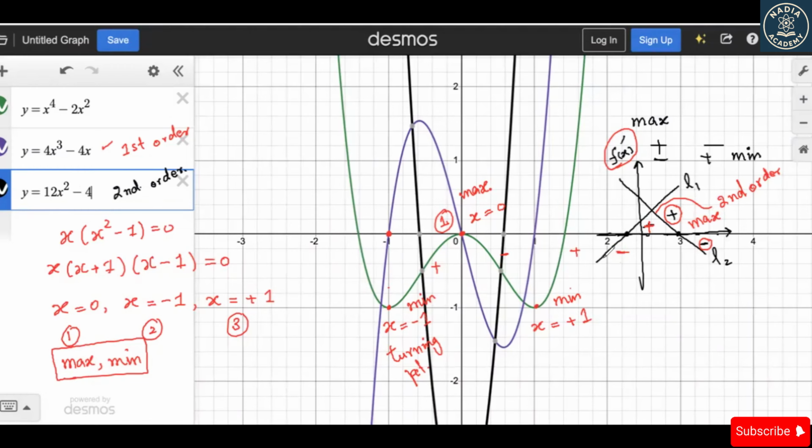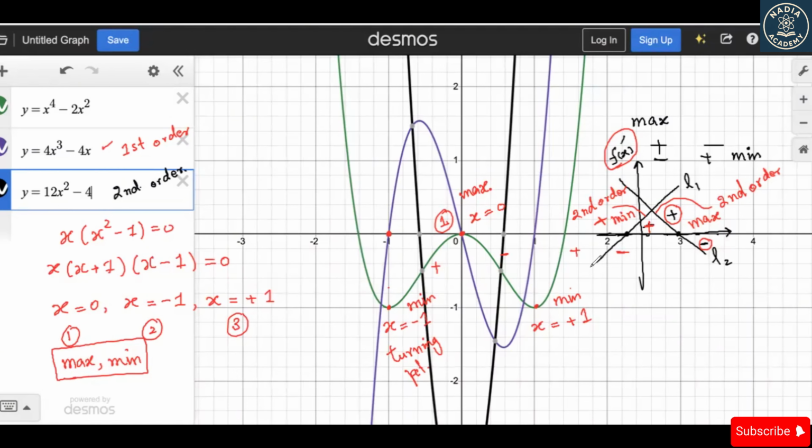This line is the first order derivative of a function f of x. So the second order derivative of this straight line is positive, meaning the gradient of that function was changing its sign from negative to positive. Here, this will be our local minima.